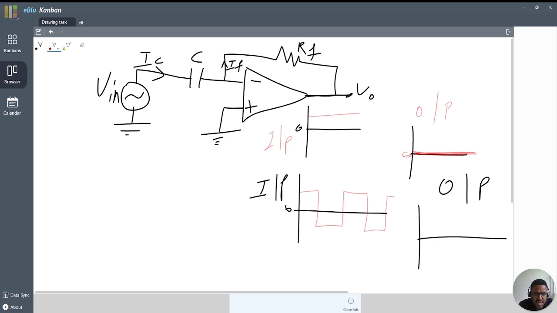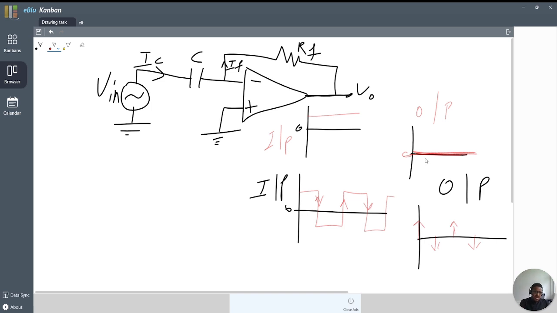That means with the fast rising time of this input, we get a spike type output at the fast timing transition.